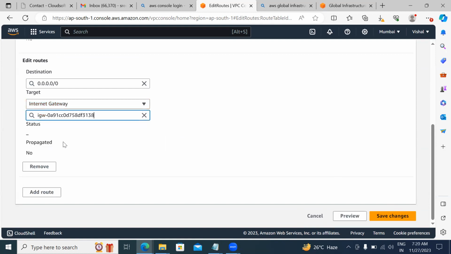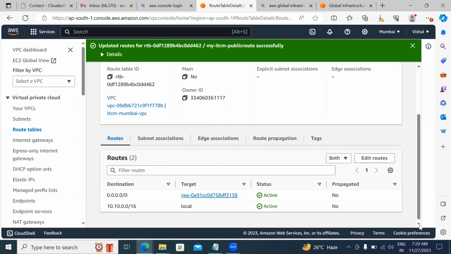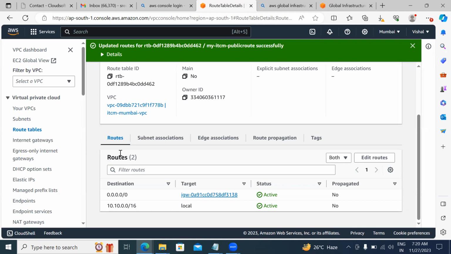Here we already created one internet gateway, right? That needs to be selected. So can you guess which subnets this needs to be attached to? As of now, even if you create this route table, all subnets are attached to the main route table only, because that is what we get by default. That has only the private rule, it doesn't have the 0.0.0.0 rule.